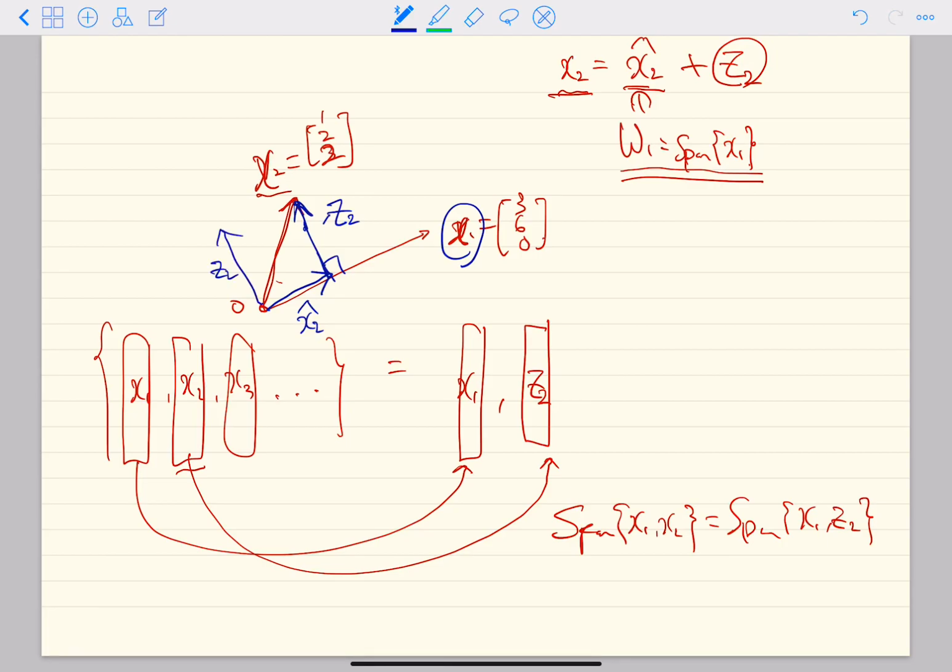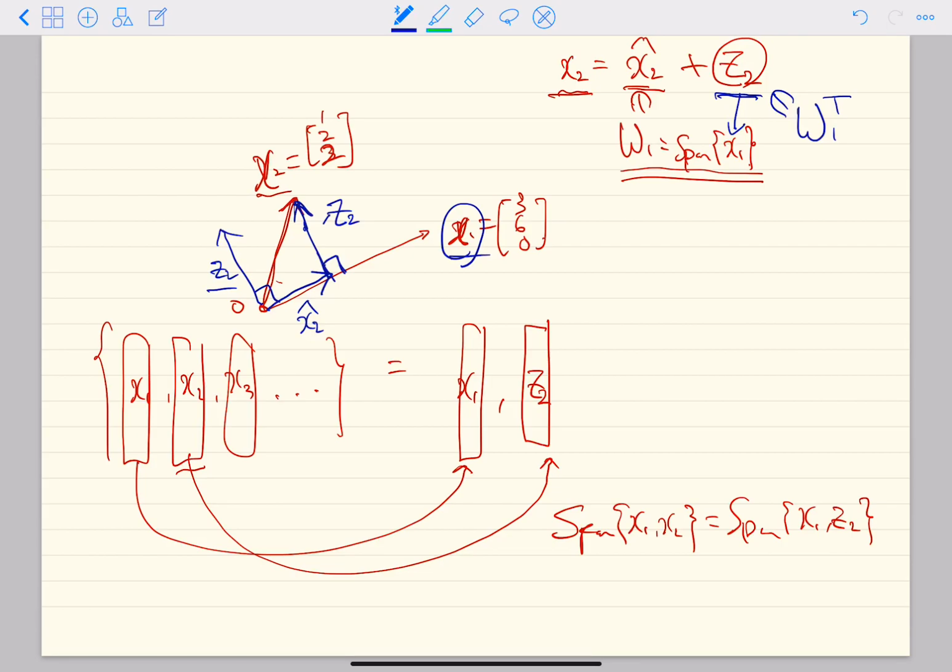In this case, x1 and z2 are orthogonal to each other because, from the orthogonal decomposition theorem, z2 belongs to W1 perpendicular, right? And so z2 is orthogonal to x1, and their angle is 90 degrees as well.